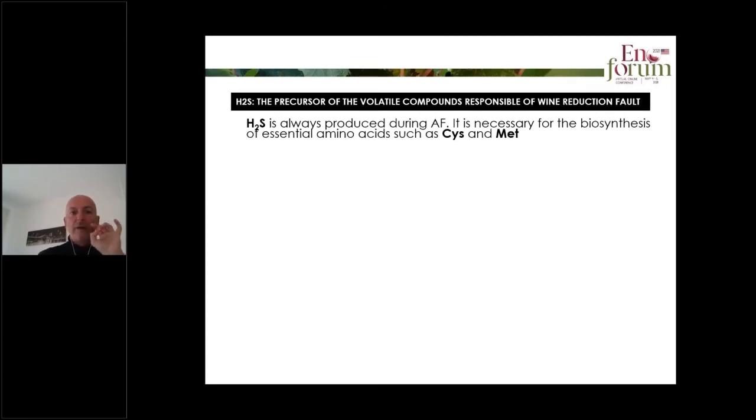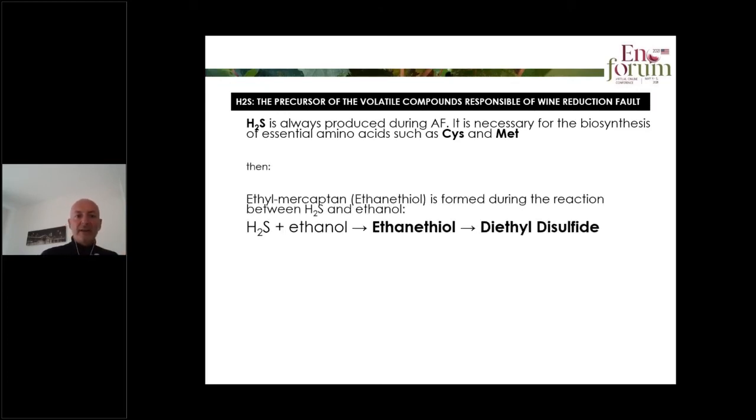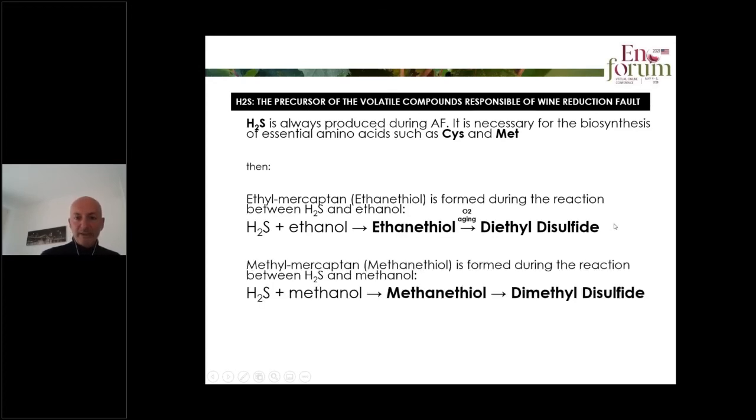It's extremely important to know that H2S, hydrogen sulfide, is the precursor of the volatile compounds responsible for the wine reduction fault, because it is always produced by the yeast and it is necessary for the biosynthesis of essential amino acids like cysteine and methionine. But then, when present, it can react with ethanol, forming ethanethiol, and during aging, in the presence of oxygen, the ethanethiol is oxidized to its corresponding disulfide.